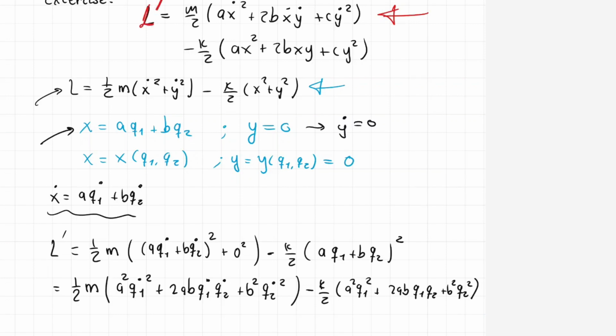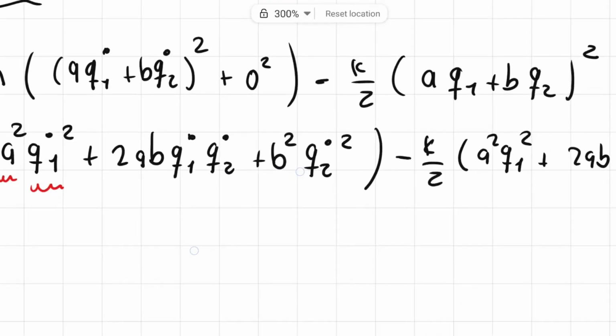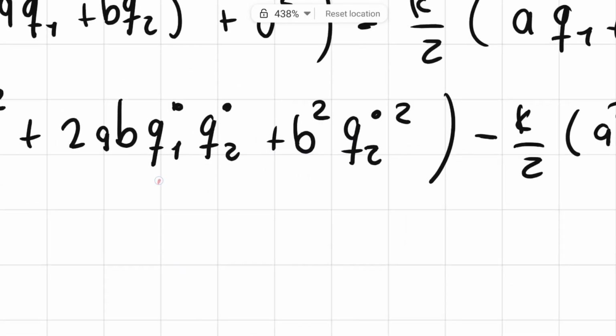Okay, so look that we have a constant times x dot squared. So we have this constant a squared q1 dot squared, and then plus 2 times b, which is another constant, x dot y dot. In this case, let's say, of course, that the role of x is being played by q1, and then the role of y is played by q2, okay? But that doesn't matter too much.